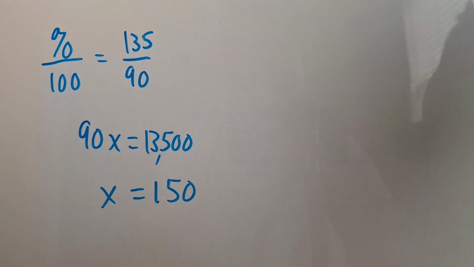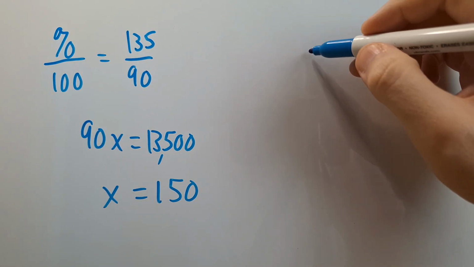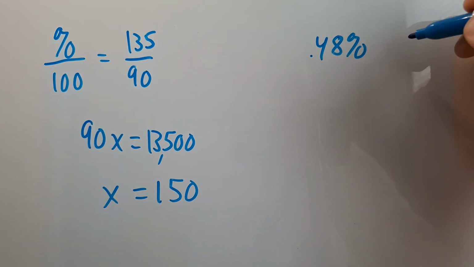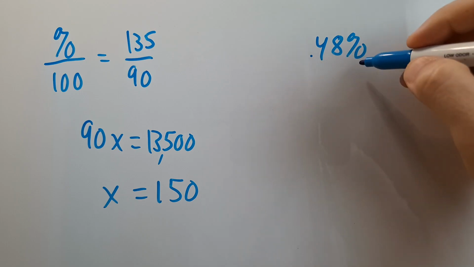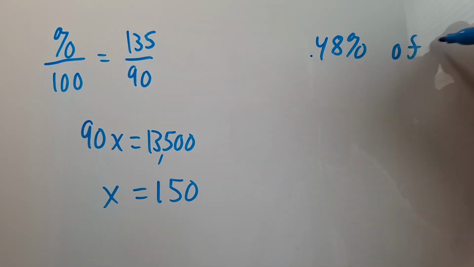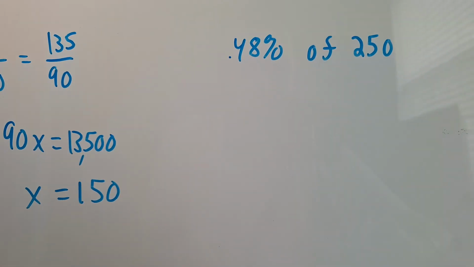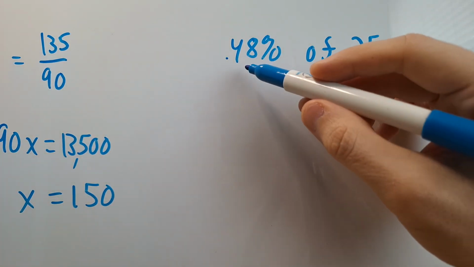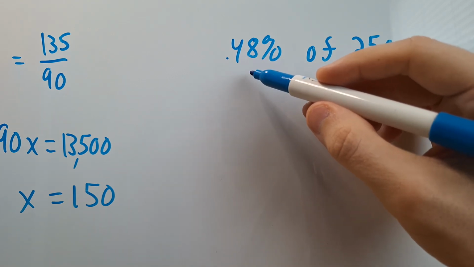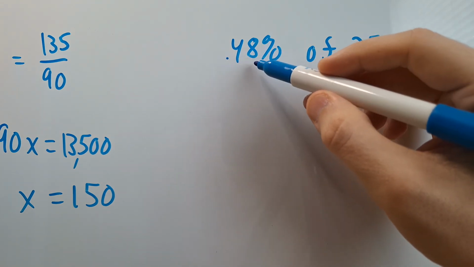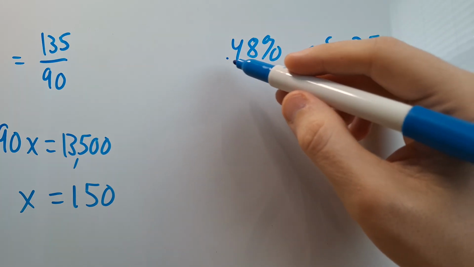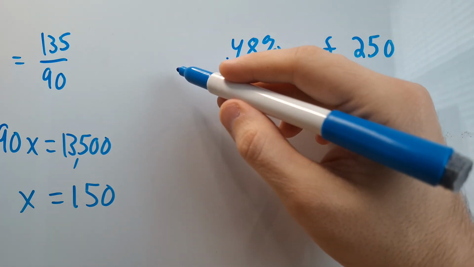And real briefly, I'll do an example of when the percent is less than 1. So what is 0.48% of 250? In this case, what we'll have to do is write 0.48% in its decimal format, which when you take 0.48 and divide it by 100, you move your decimal point 2 places to the left.